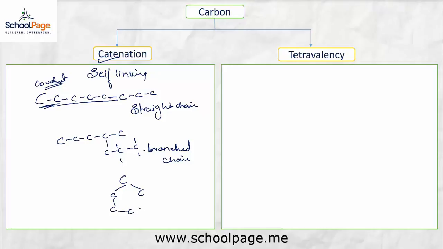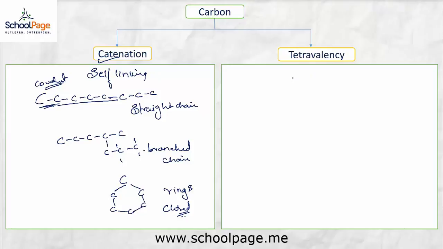Here you observe the carbon atoms are linked to one another in the form of rings, or this is also called a closed structure. So catenation results in the formation of three different kinds of chains: straight chain, branched chain, or a closed ring structure.